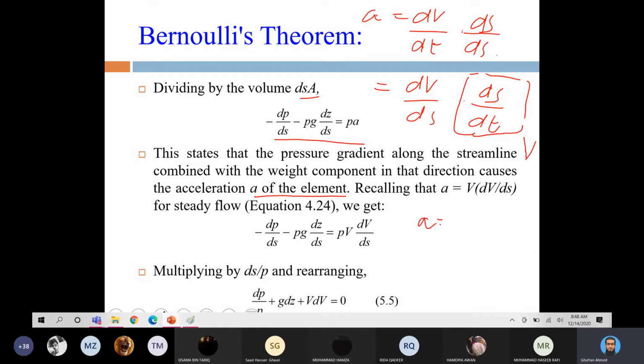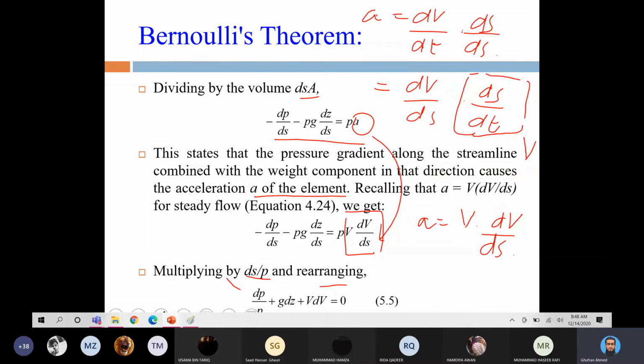So acceleration becomes velocity times dV by ds. Just replace the acceleration in this term as V dV by ds. After that, you need to simplify things, multiplying and rearranging.